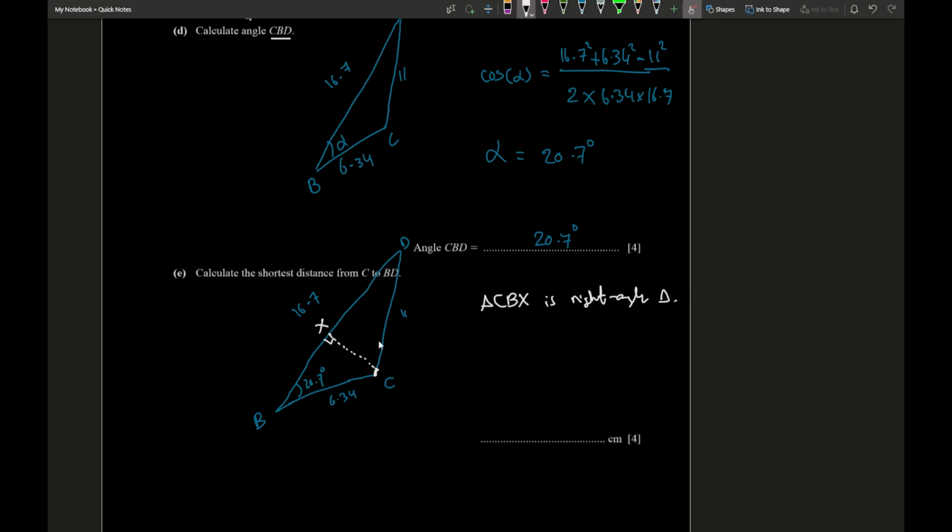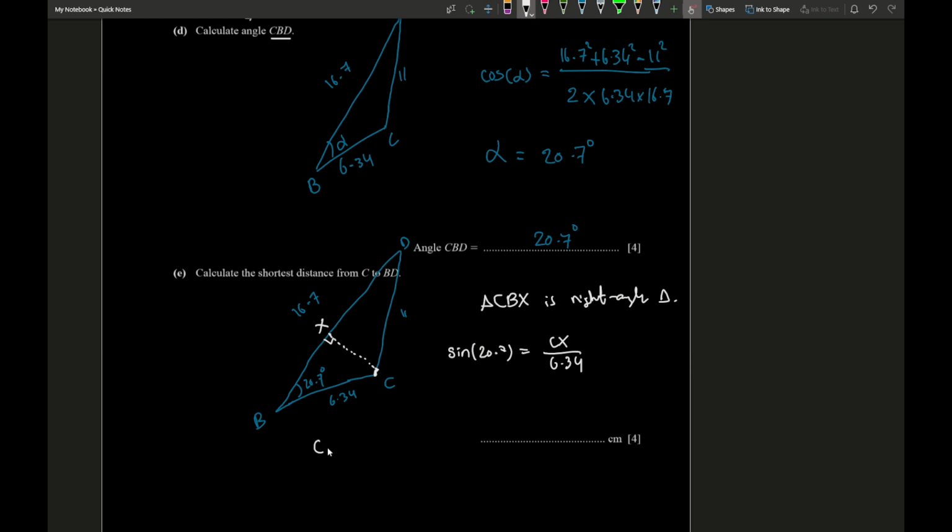So CX is literally the opposite side of the given angle, and we're given the hypotenuse, therefore we'll have to use the sine, which states that the sine of an angle, which in this case is 20.7, is equal to CX divided by 6.34.